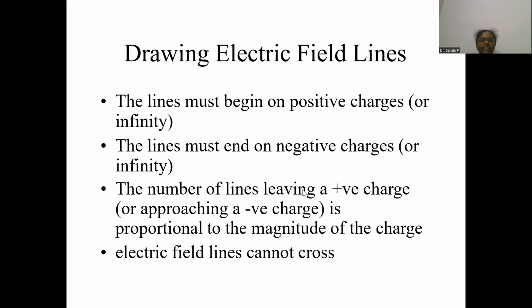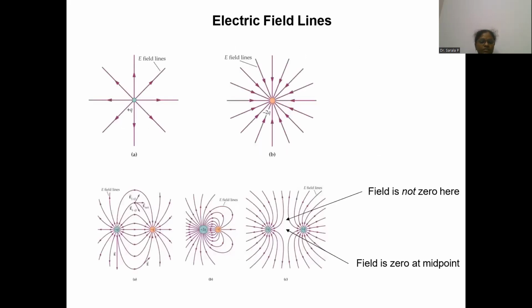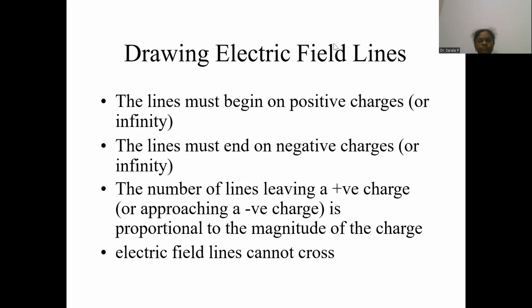The number of lines leaving a positive charge or approaching a negative charge is proportional to the magnitude of the charge. So the number of lines is proportional to the charge. The electric field lines cannot cross each other.